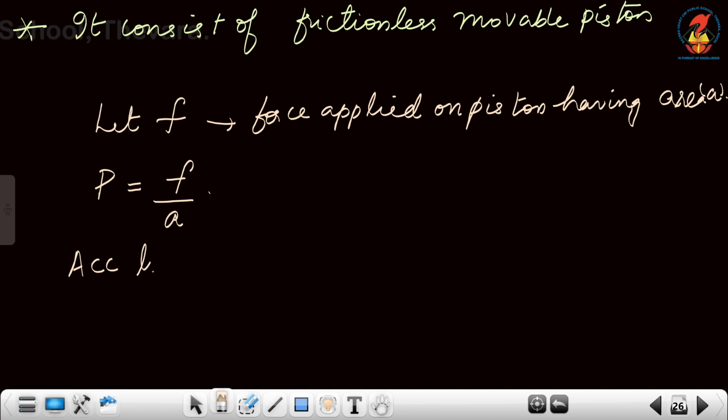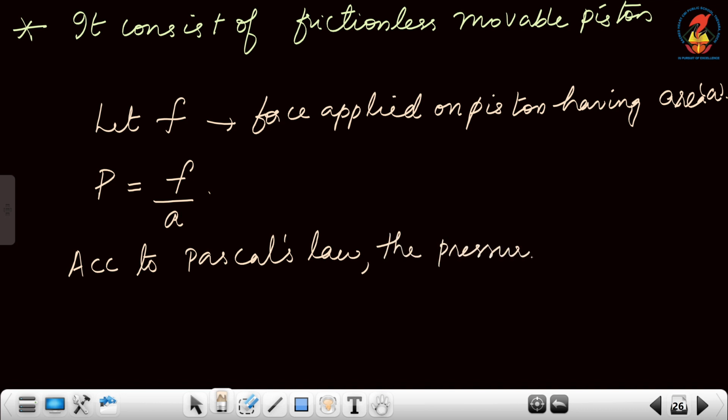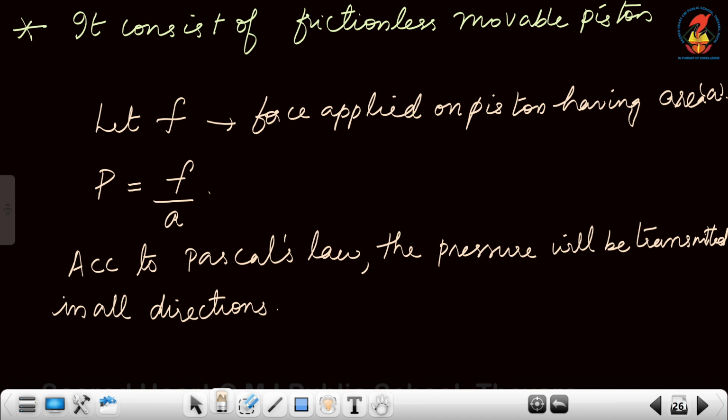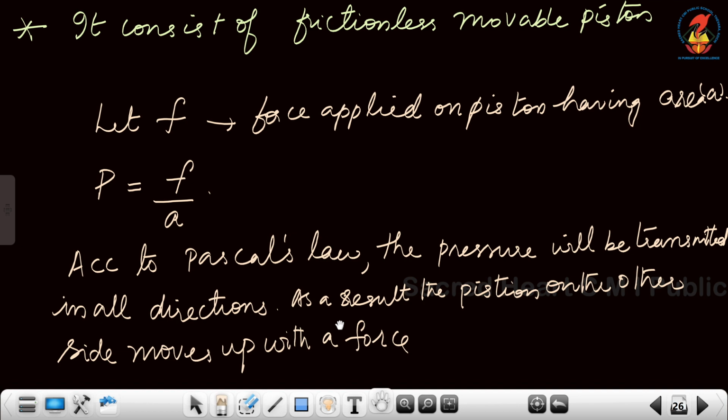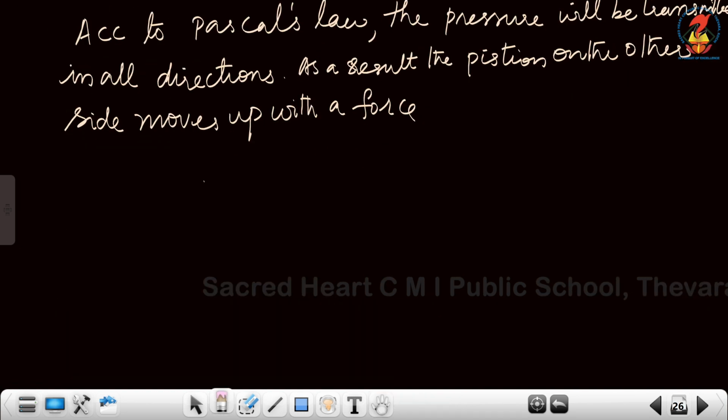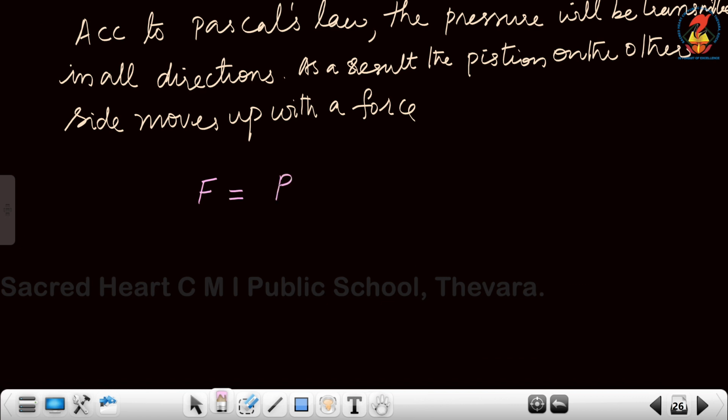Now, according to Pascal's law, pressure will be transmitted in all directions, and as a result the piston on the other side moves up with a force given by capital F, force is equal to pressure into area.